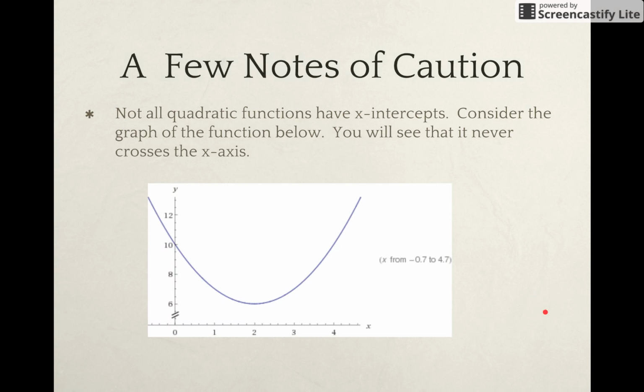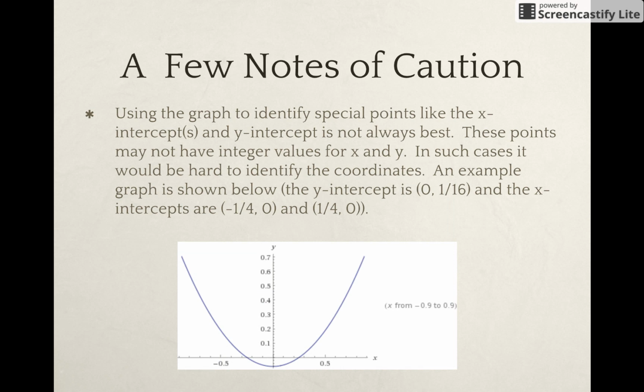As you see, it's a parabola opening upward, and so it will not have an x-intercept. If you try to solve for them using the equation, you will not get a solution. You could search the xy table over and over. You will not find any ordered pairs that satisfy the definition of x-intercept.